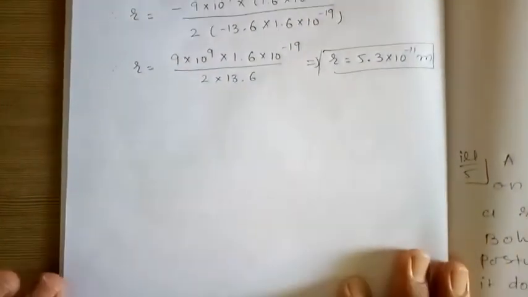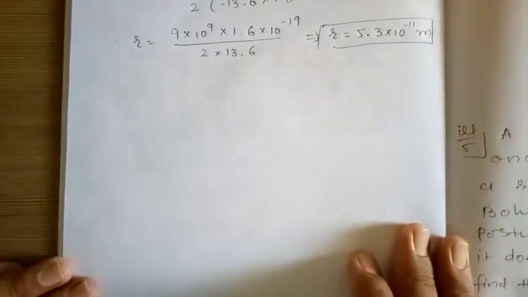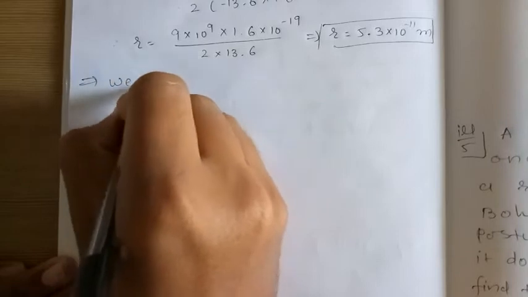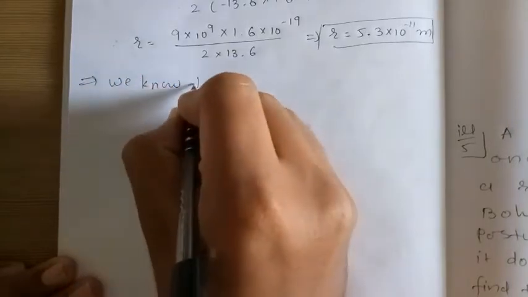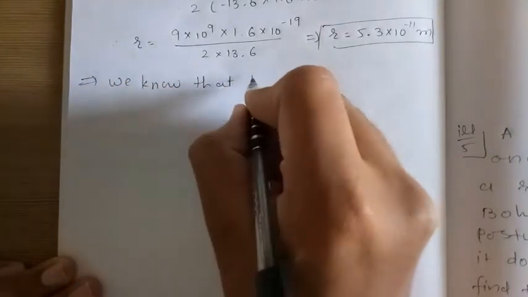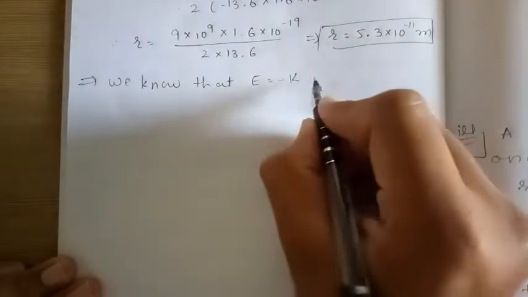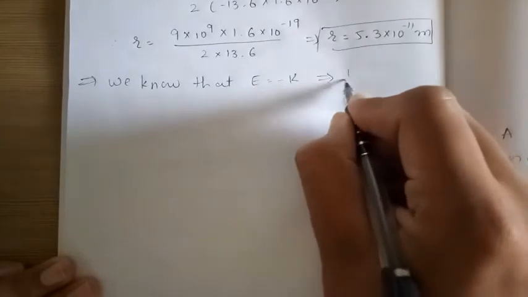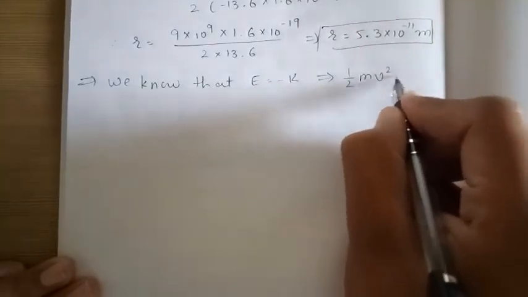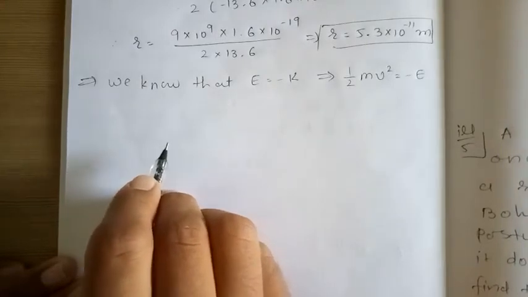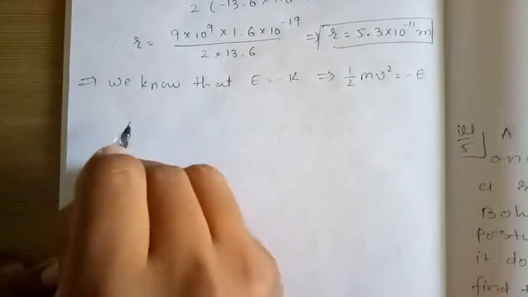So to find out the value of velocity, we know that E is equal to minus K. So 1/2 mv square is equal to minus E. We have to find out the value of velocity.